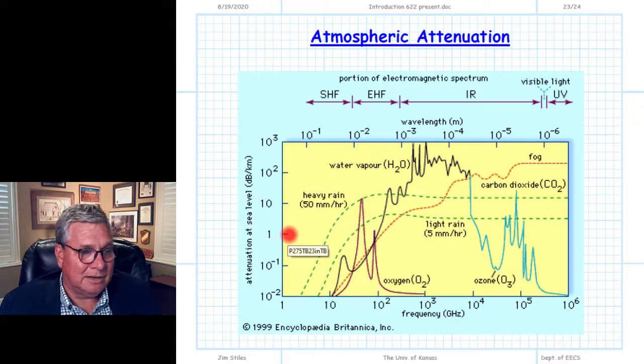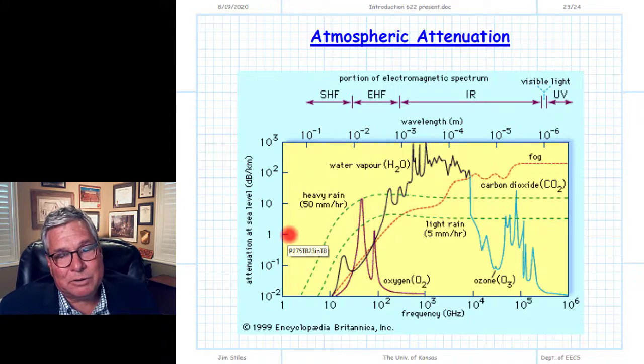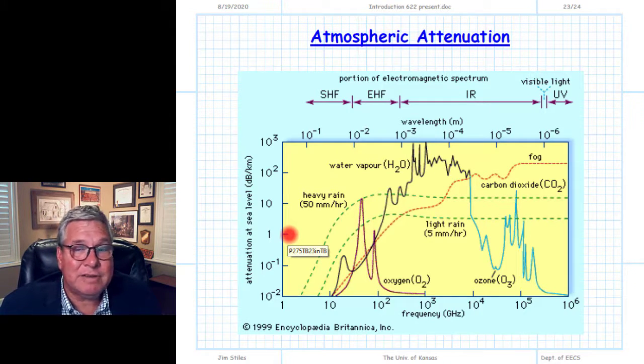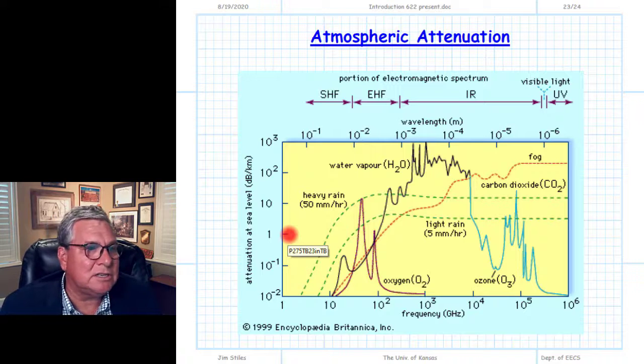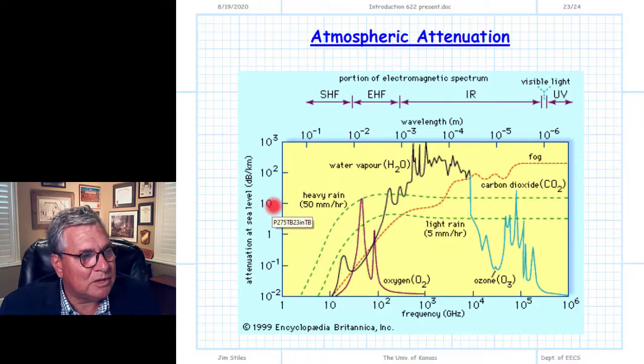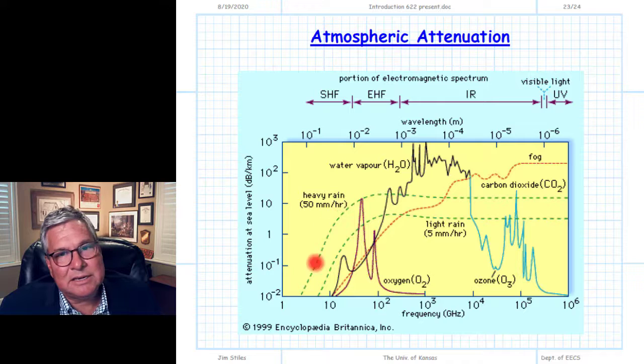Attenuation of 10 dB or 20 dB is a reduction of 99%. 30 dB is a reduction of 99.9% of the power density. So as we start to move in this region here, we really start to see a huge diminishment in the power density, and that can happen again as we start to move around 10 gigahertz when it's raining.